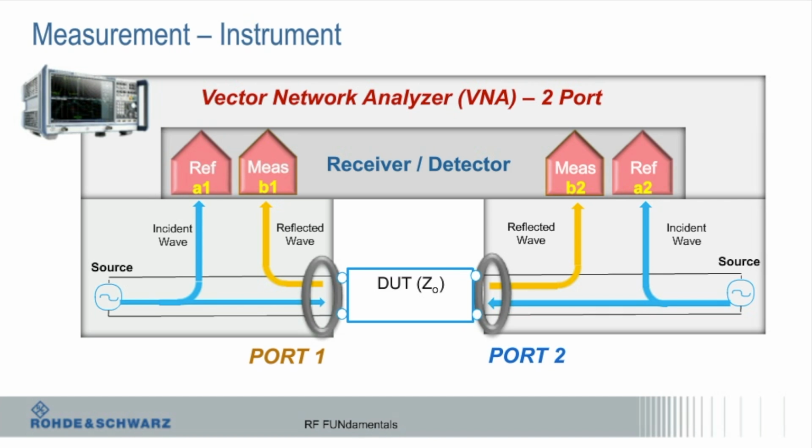Basically, I stimulate my device. If this is an amplifier, for example, I send a signal in. It samples the signal as it goes out, so I measure the amplitude and phase here. Then some signal gets reflected back here, and I measure it here, amplitude and phase. So when I measure S11, I'm just doing a ratio of these two things, right?